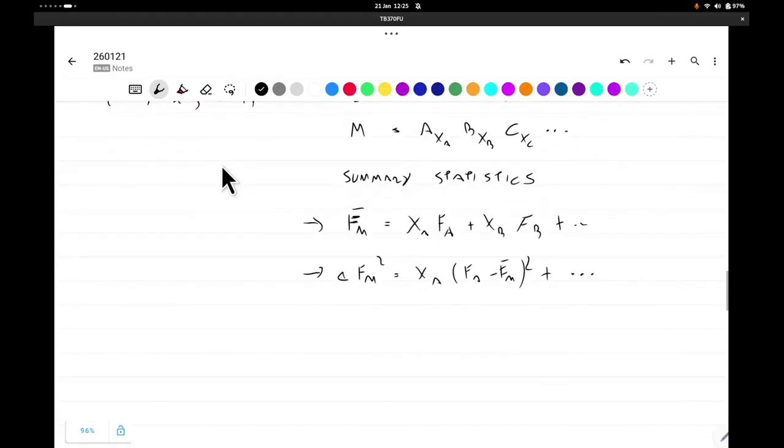And when we use this kind of descriptor, what we do is the so-called materials informatics.